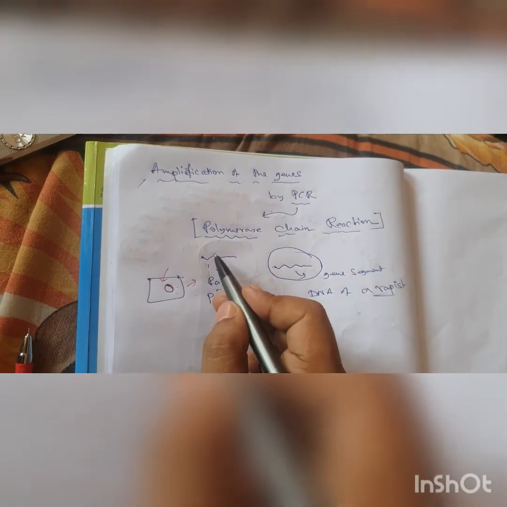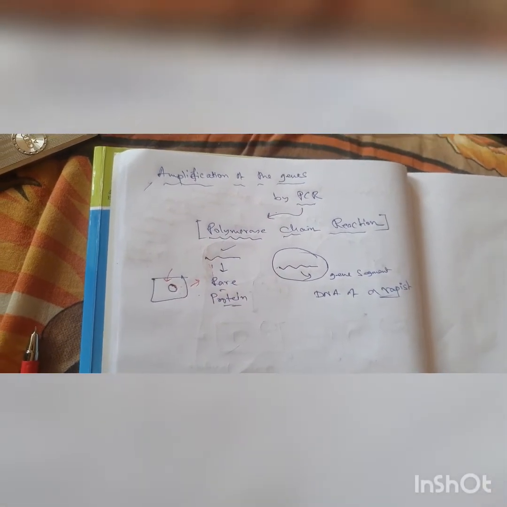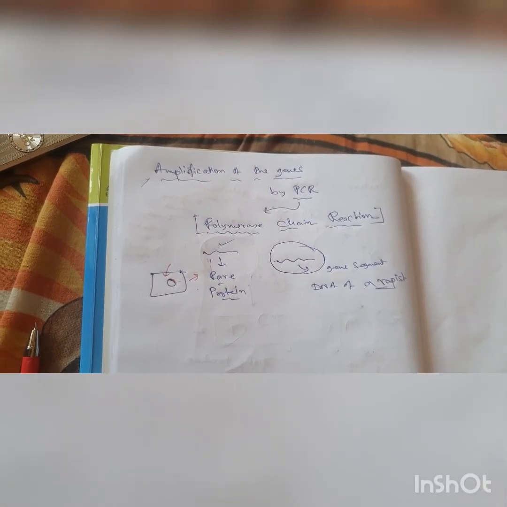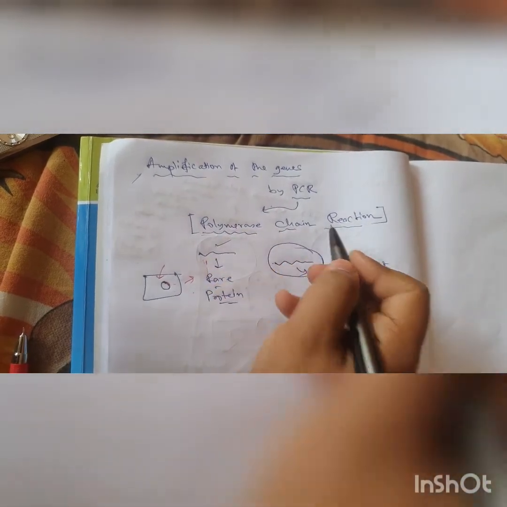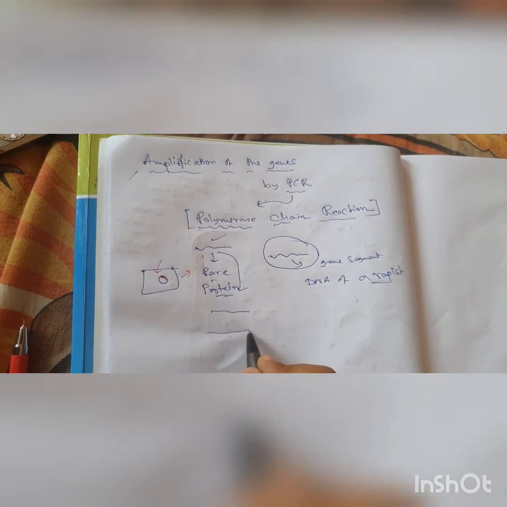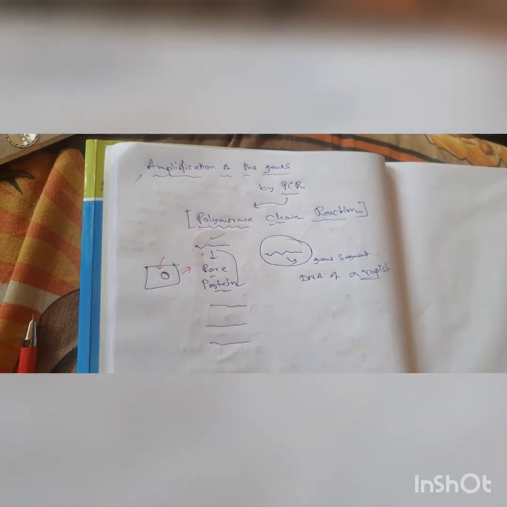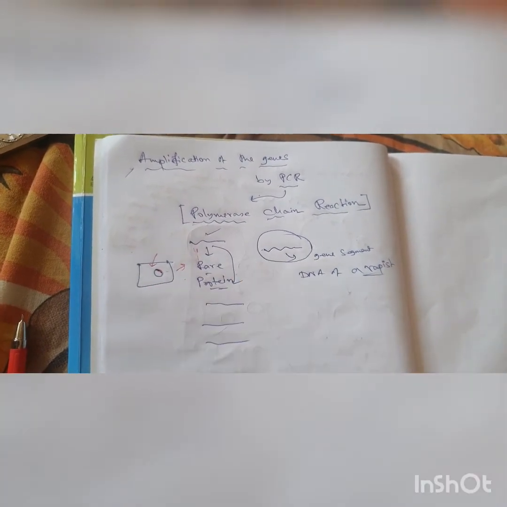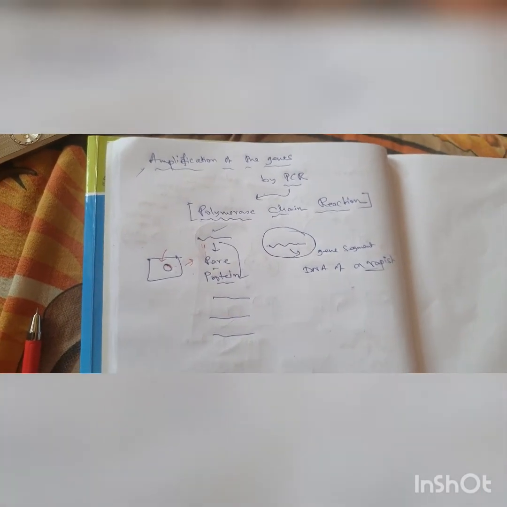But if you fail, you will lose your gene or DNA. For that reason, they do polymerase chain reaction. Beforehand only, they multiply the numbers, and keep it. Are you getting my point?